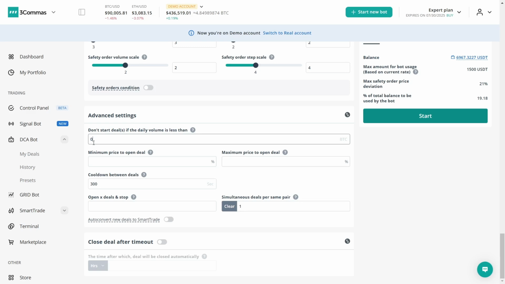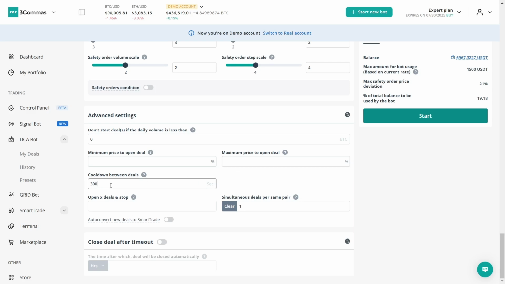Anyway, if you enable this setting, you will not start several trades because some coins may be below that trigger. Same here, minimum price to open deal, maximum price to open deal. You may choose not to trade coins with price too small or too high. It makes little sense on USDT assets, more on BTC assets.